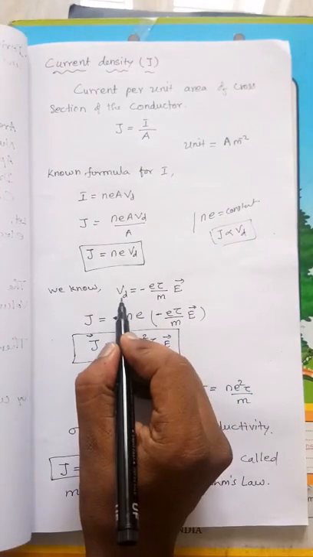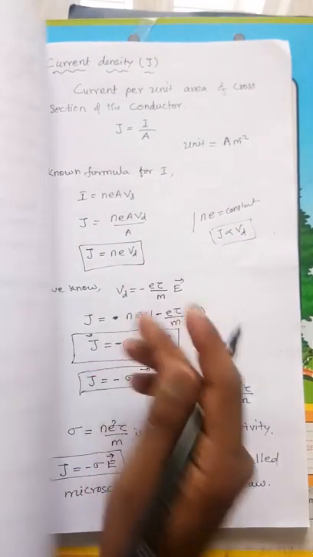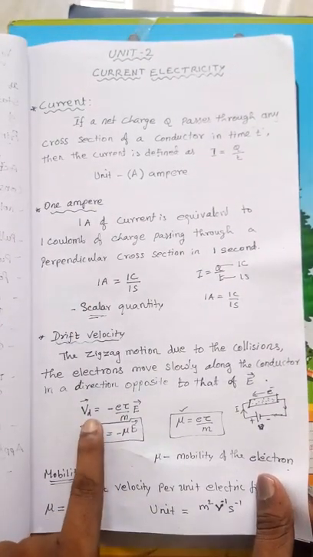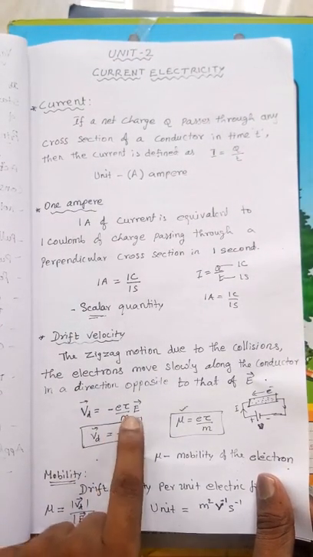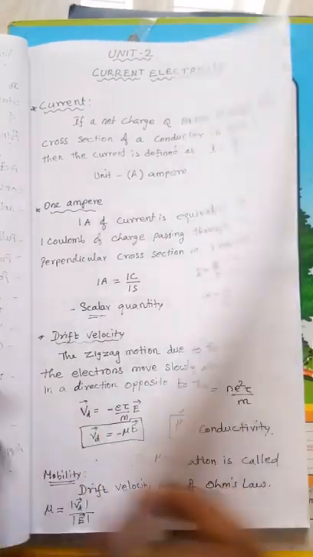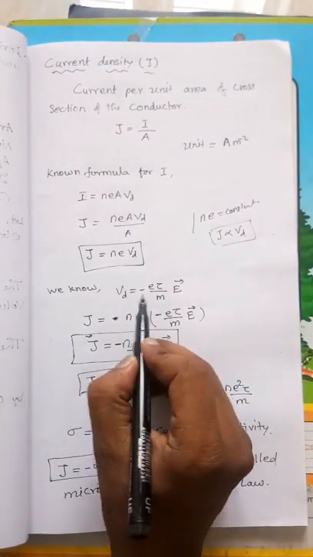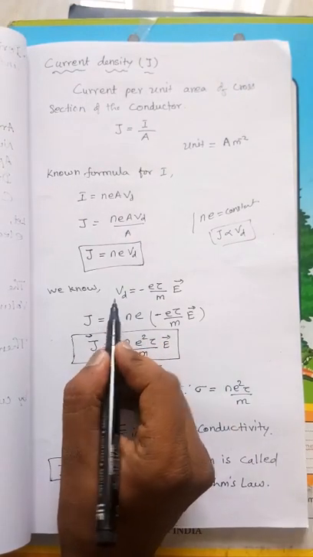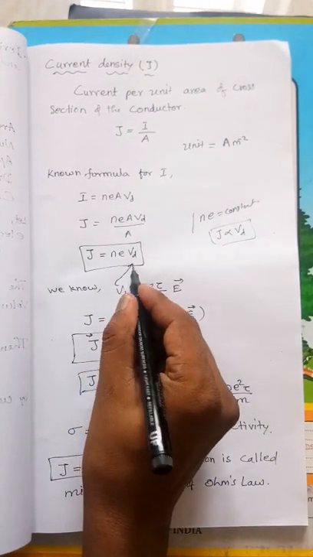Already you know the formula for drift velocity. Drift velocity is minus e tau by m into E vector. So take this formula, vd is equal to minus e tau by m into E vector, and substitute this vd value in the J formula.